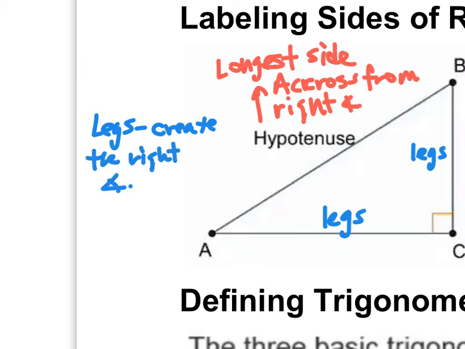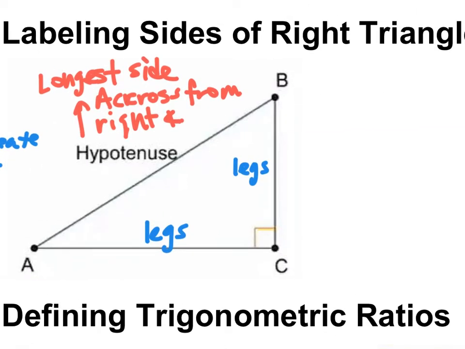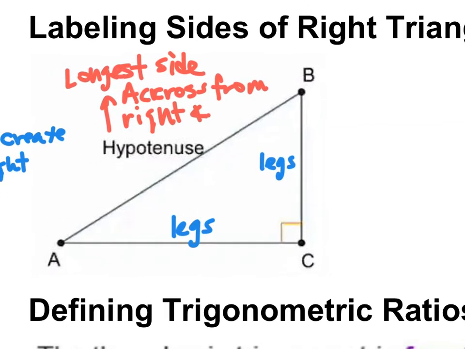Given this triangle here, which I'm going to draw a couple more times, I want us to look at angle A. Looking at angle A, I want to identify the other side lengths of this triangle.